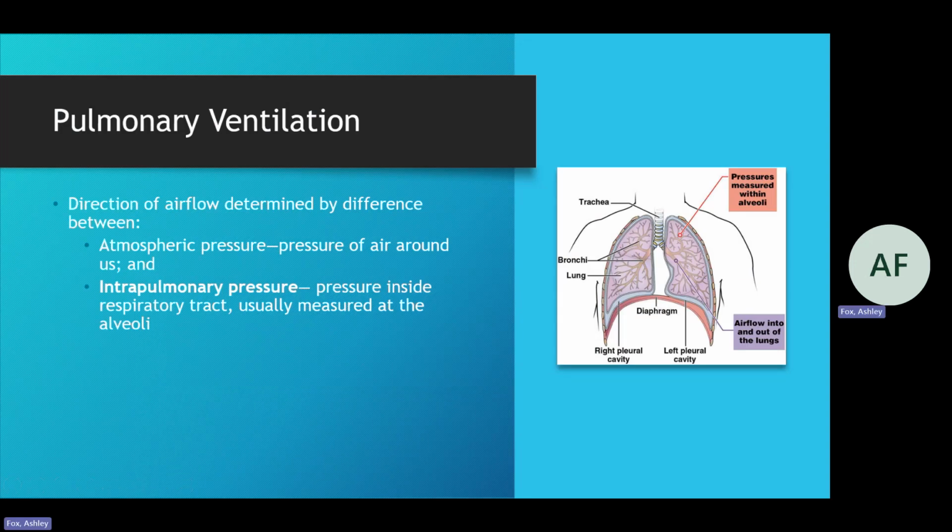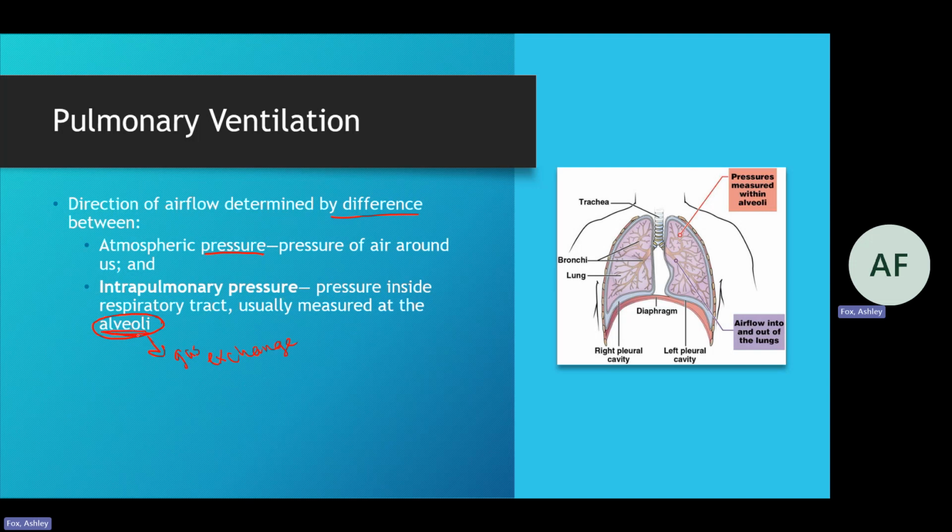I've mentioned it a lot, but it can get confusing. The direction of airflow is because of the difference of pressures: the difference between atmospheric pressure, the air all around on the outside, and intrapulmonary pressure, which is the pressure inside the respiratory tract. But we focus on the alveoli because that's where the magic's happening. That's where gas exchange, or external respiration, is happening, and that's what we really care about. How much air is getting to the alveoli?